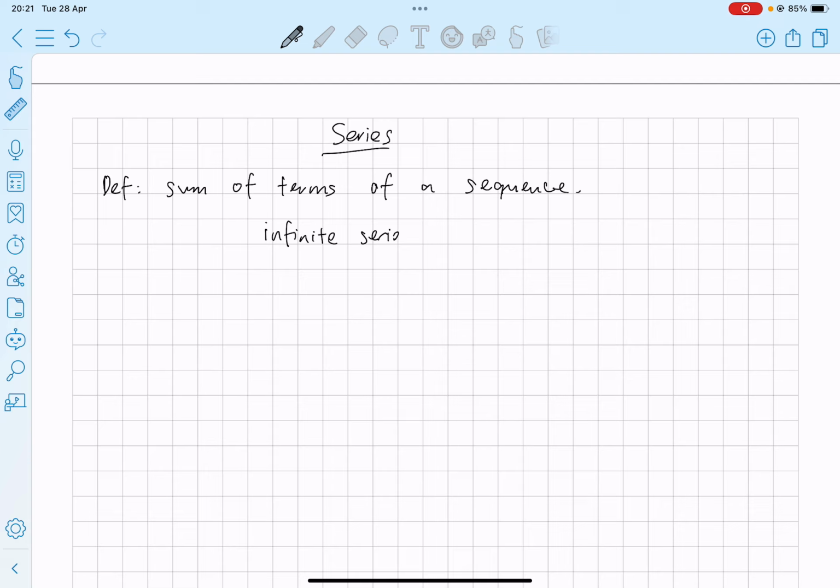That means, for example, you have the sequence a sub n, and then you have to calculate the sum a1 plus a2 plus a3 plus ... plus a sub n plus etc. And this sum is called the infinite series, right?